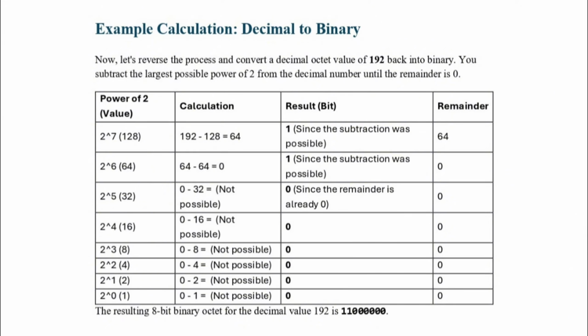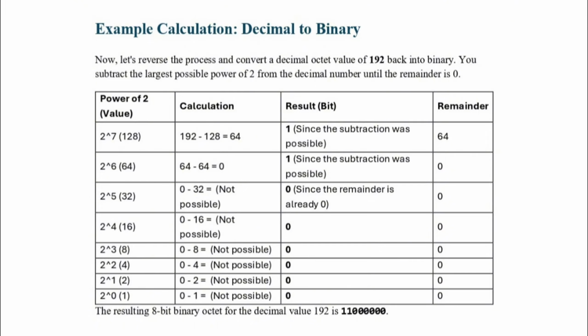So 192 minus 128 equals 64. If the subtraction is possible, we take the result bit as 1. So since the subtraction was possible, we take the result bit as 1, and we have the remainder 64.